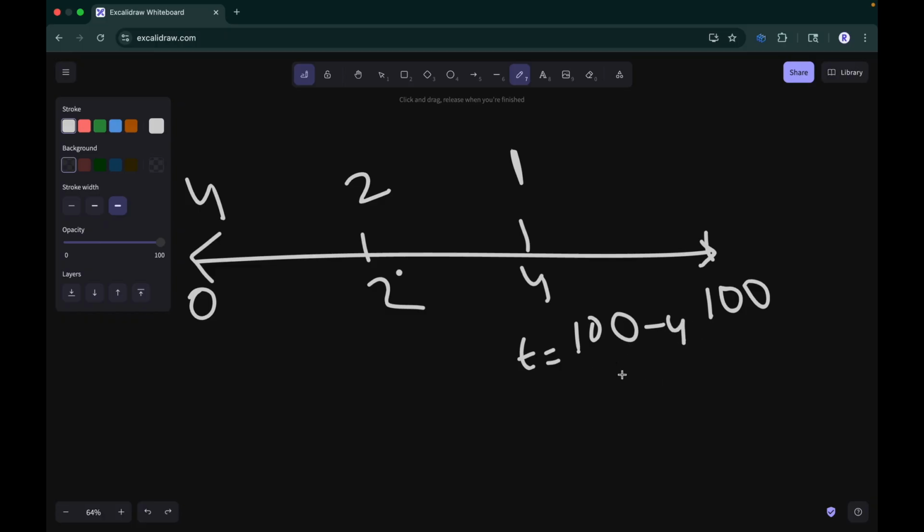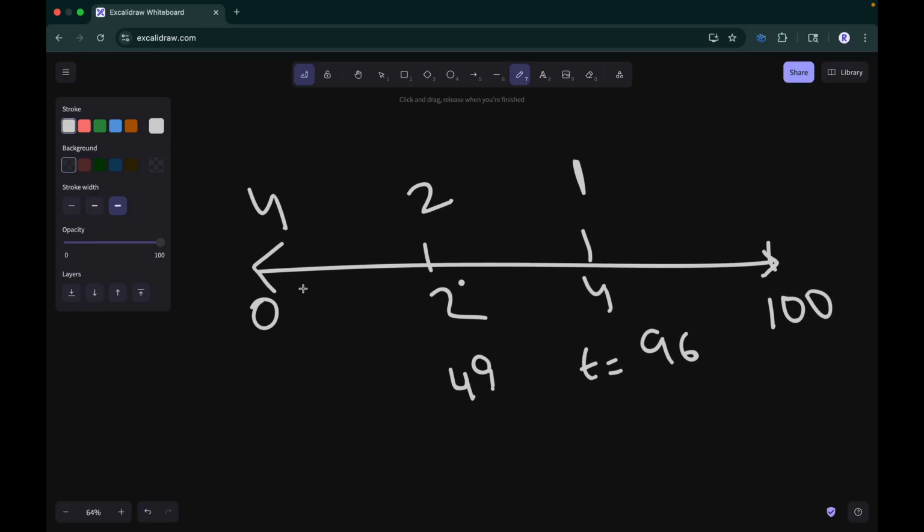I believe so. So yeah, it's going to take 96. Then we have 100 minus 2, which is 98. And 98 divided by 2 is going to equal 49. And then we have this, which is 100 minus 0 divided by 4, which is equal to 25.